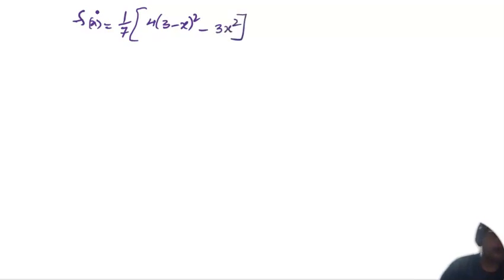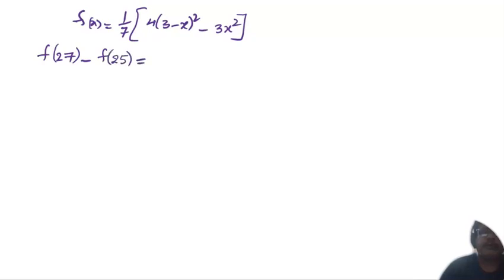So f of x value is 1 by 7 into 4 into 3 minus x whole square minus 3x square. Now here you have to find f of 27 minus f of 25.